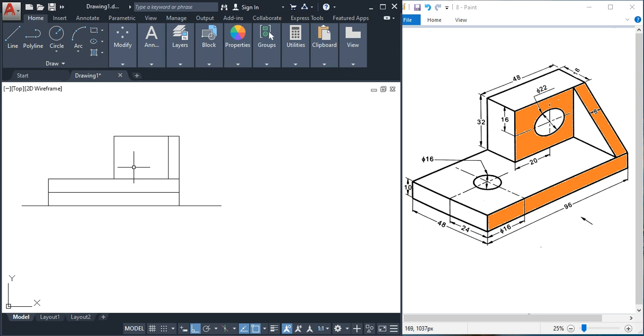So to indicate hole, we require axis lines. We have to draw axis lines. You can see here this axis line is at a distance of 16 from this edge or this edge, and the vertical axis line is at a distance of 20 from this line.